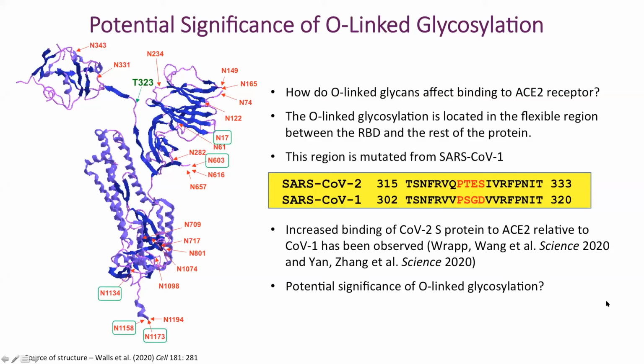And they've shown that there is increased binding of SARS-CoV-2 S protein to its receptor ACE2 relative to CoV-1. So there is increased binding for CoV-2. And it is interesting to speculate whether having the O-glycosylation there, close to this RBD region in the flexible region, has an effect on this binding increase in CoV-2 or not.